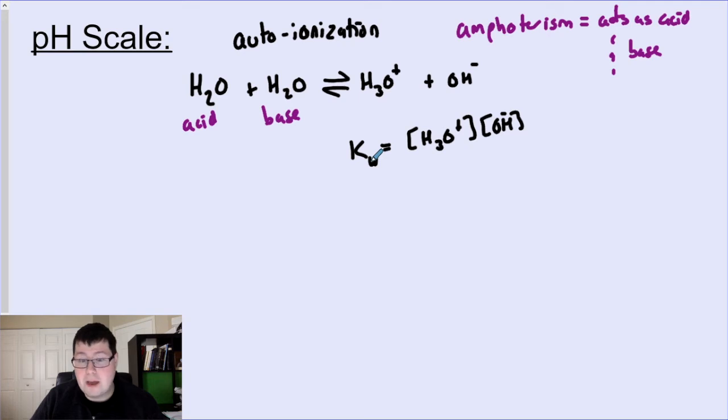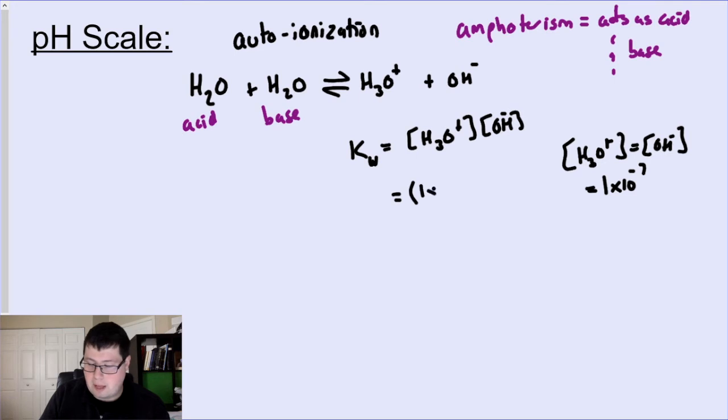Now, if you measure the equilibrium concentrations of H3O plus and OH minus for a solution at a temperature of 25 degrees Celsius, or room temperature, at a neutral level, you're going to find that the H3O plus and the OH minus concentrations are both equal to 1 times 10 to the minus 7th.